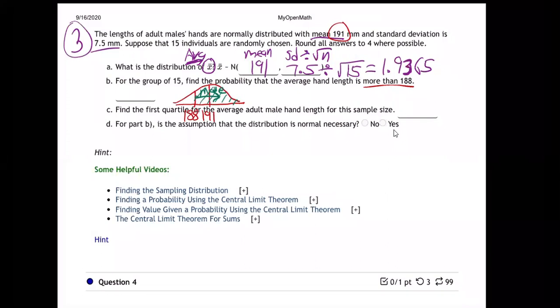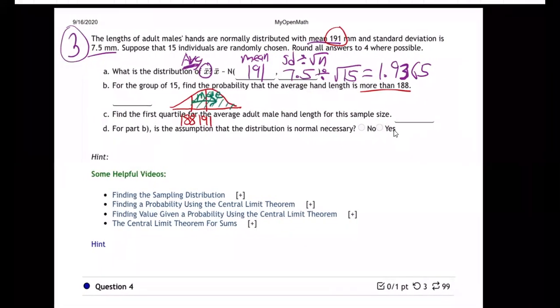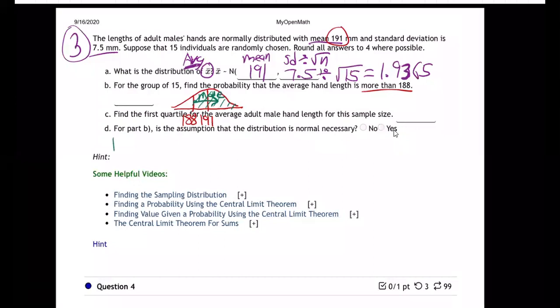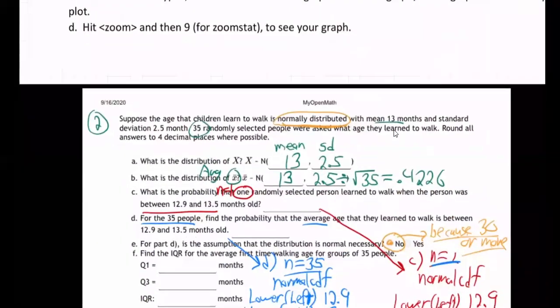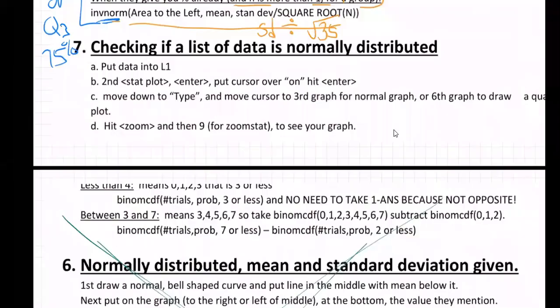So remember what's important when we do our thing. For part B, they're saying find the probability. So that means they want me to come up with a percentage or a decimal, right? So go to your notes, exam 2 notes here.